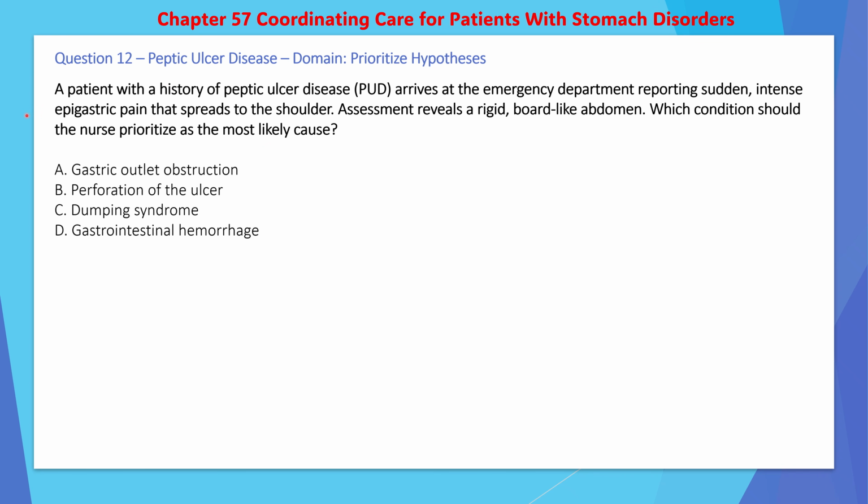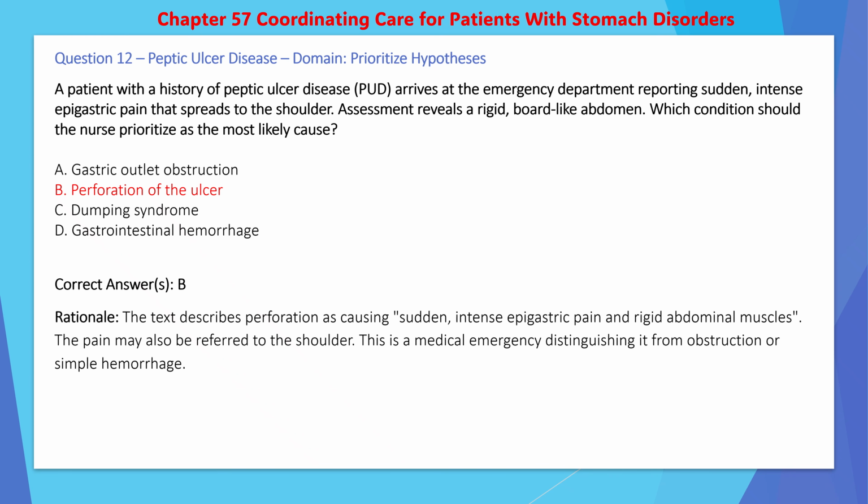This can be in a case study. Case studies have six steps, and one of them might ask you what you should look for, so a question like that can look similar to this. The correct answer is perforation of the ulcer, because perforation causes sudden, intense epigastric pain and rigid abdominal muscles.